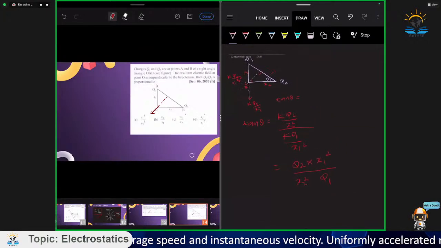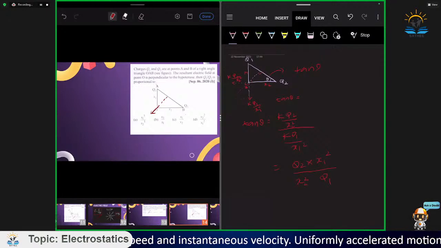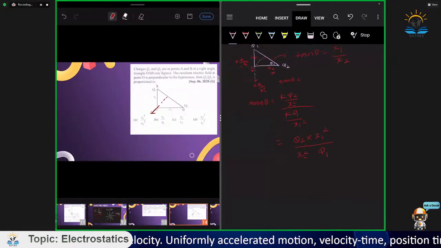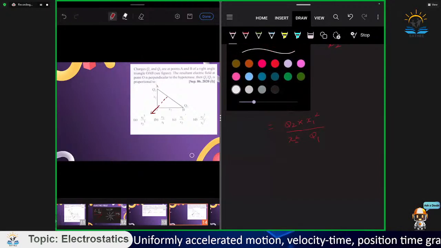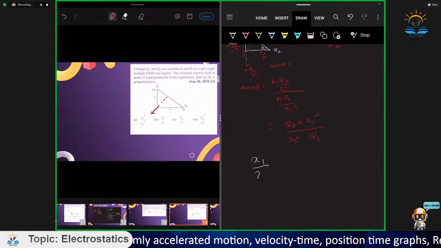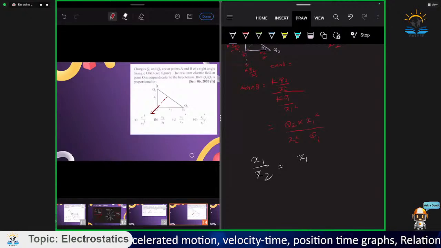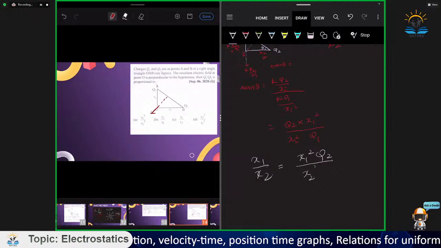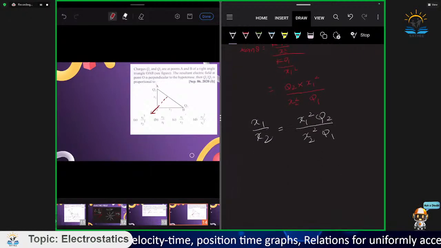And this is theta. From this triangle, we can write tan theta as x1 by x2, opposite side by adjacent side. So we got two equations for tan theta. So x1 by x2 equals x1 square q2 by x2 square q1.